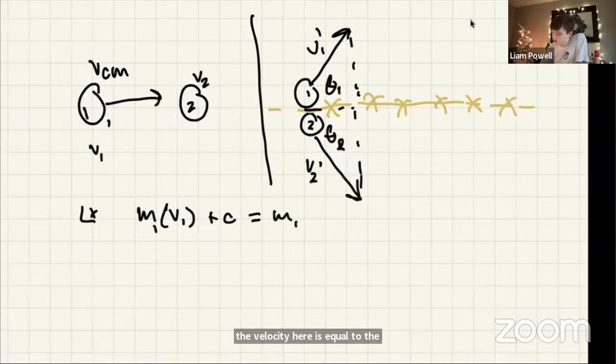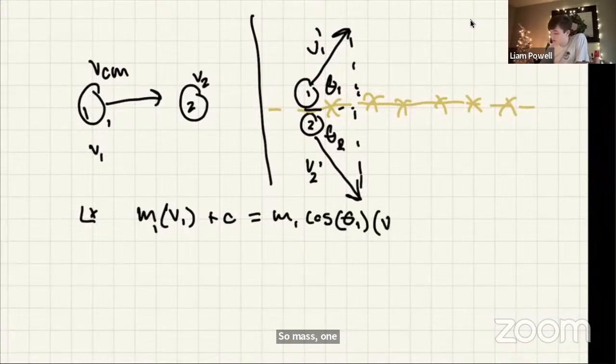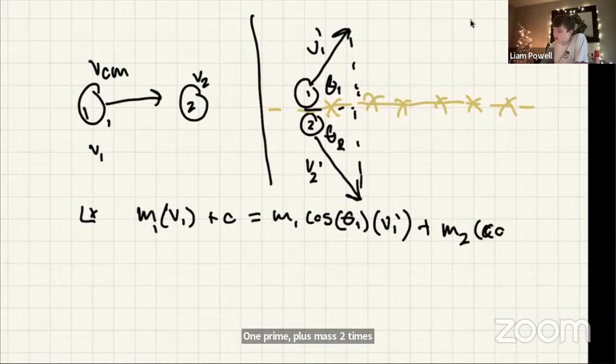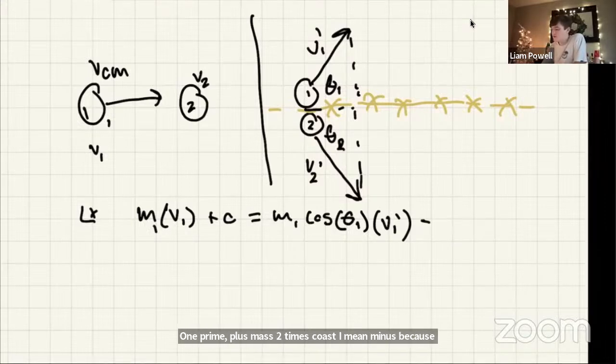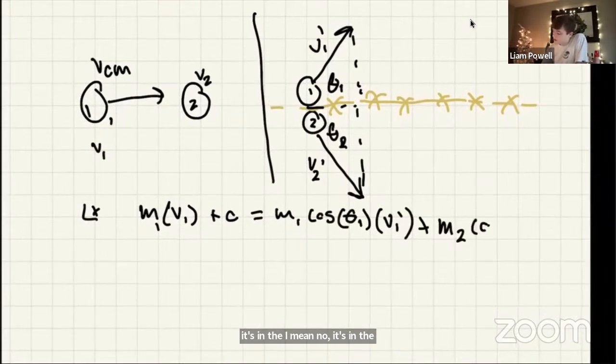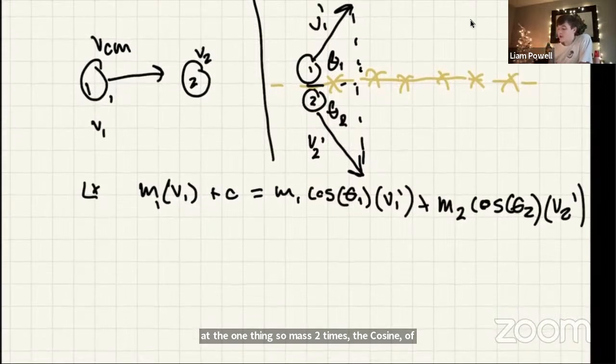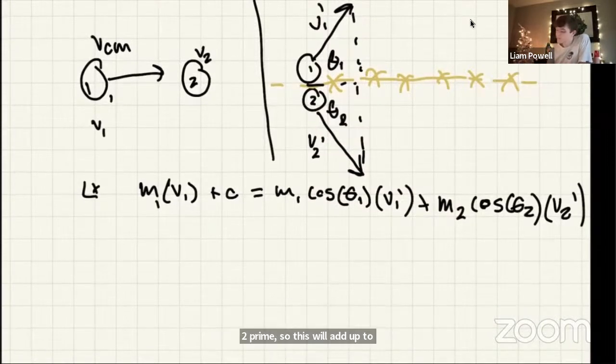So mass 1 times the cosine of theta 1 times velocity 1 prime plus mass 2 times the cosine of theta 2 times v2 prime. So this will add up to equal the momentum before.